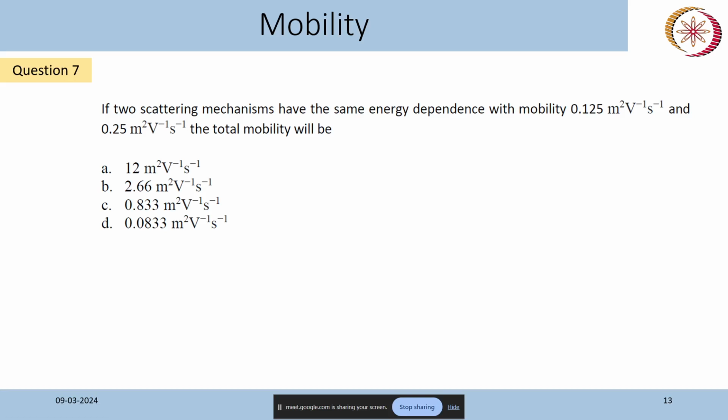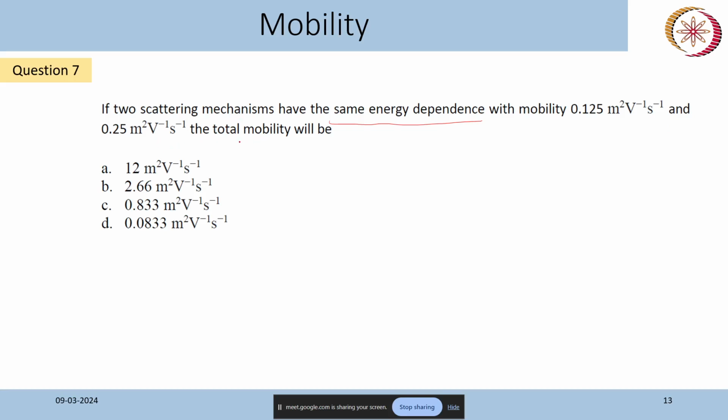This is on mobility. Let me read the question first. If two scattering mechanisms have the same energy dependence with mobility, please remember it says same energy dependence, and because of the first scattering mechanism the mobility is 0.125 meter square per volt second, and because of the second scattering mechanism the mobility is 0.25 meter square per volt second.